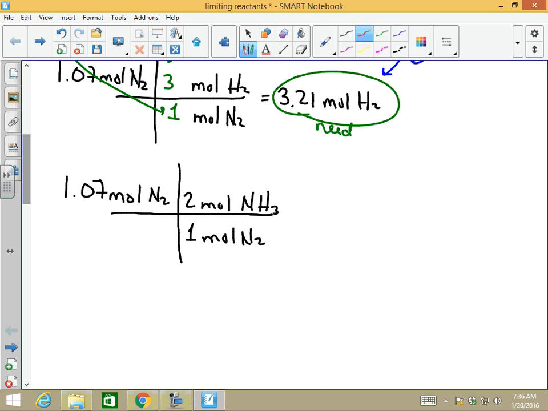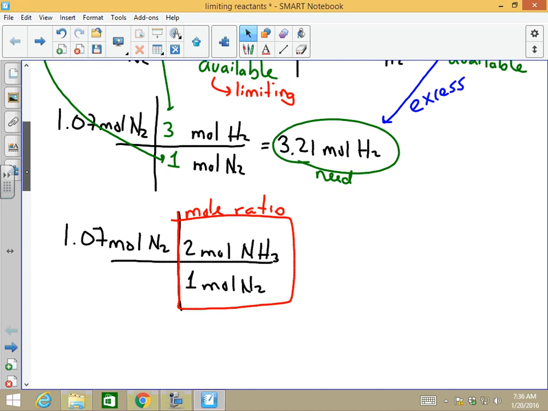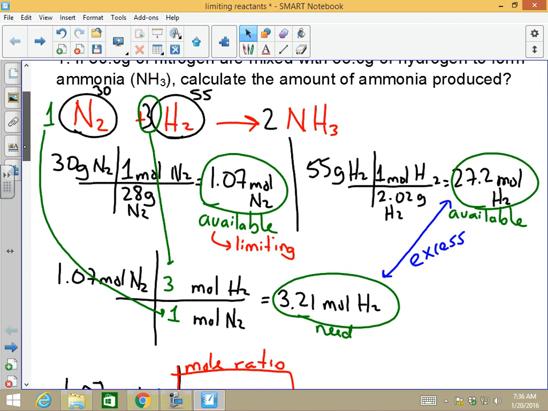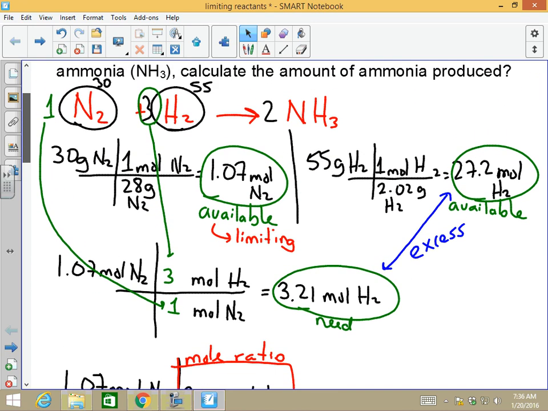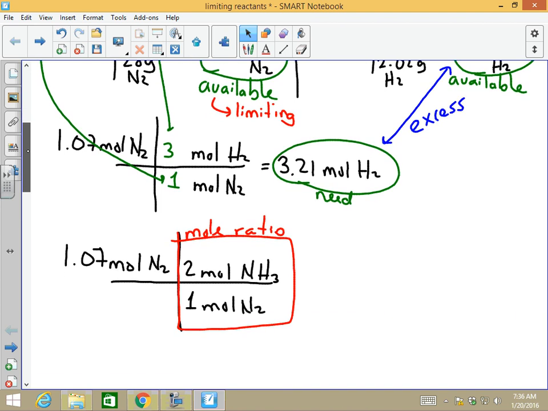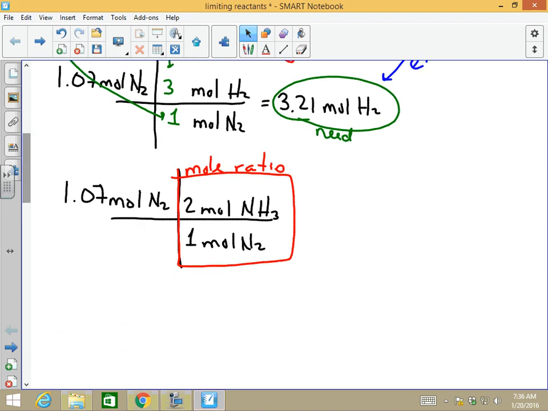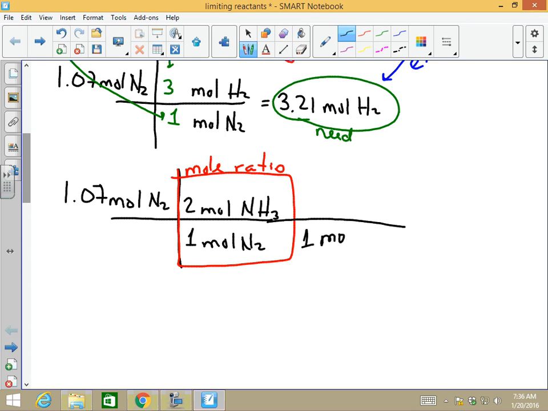I see a 2 next to NH3 and a 1 next to N2, so I use those numbers. Then the NH3 moles cancel.